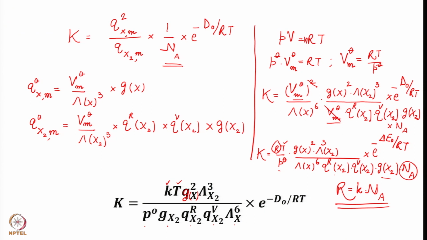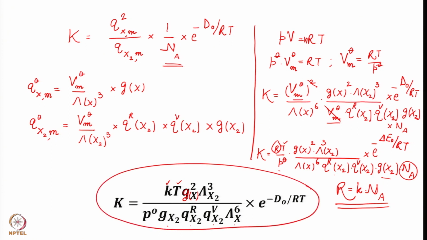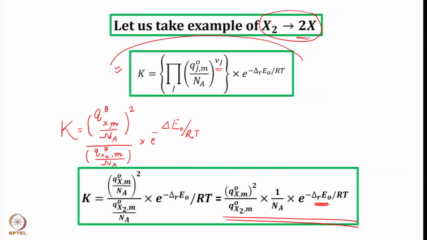Now try to understand how to arrive at this expression from this expression. The form of this expression is similar to that you used in chemical thermodynamics, because there also, what was it? Equilibrium constant was equal to the ratio of the activities of the products and reactants weighted by their stoichiometric number. Here also this actually is a ratio.